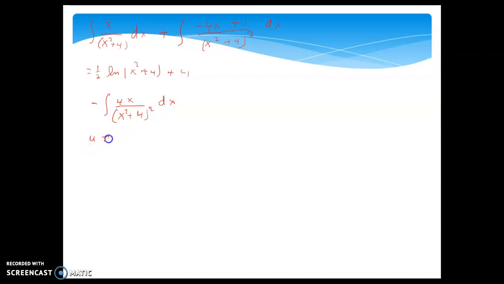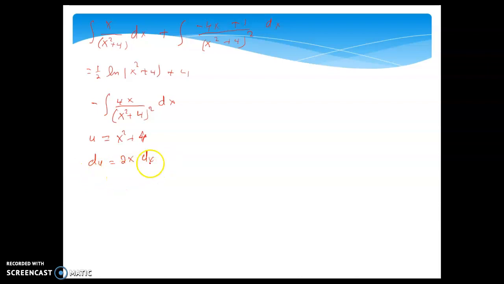We say u equals x squared plus 4, so du equals 2x dx.